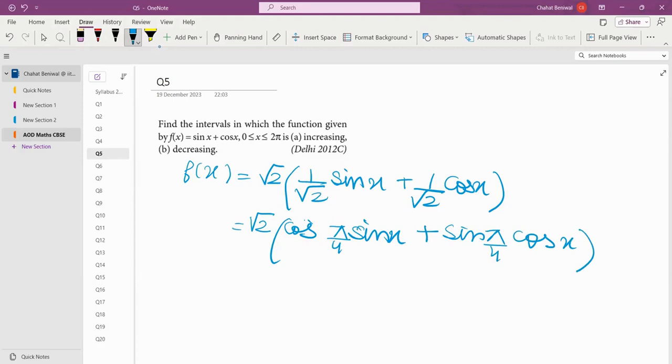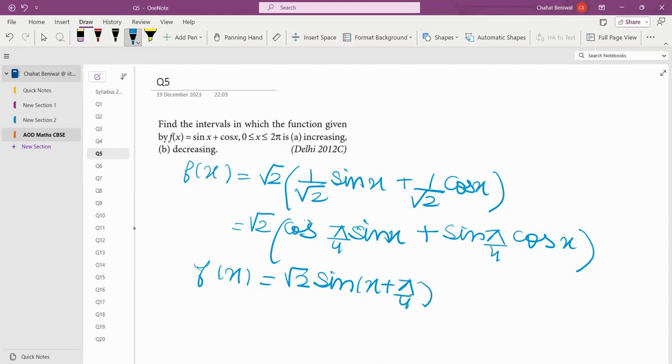I think we are cool till now. What we can see is sin A cos B plus cos A sin B, which is sin of A plus B, isn't it? So now our function is reduced to root 2 sin of (x plus pi by 4).